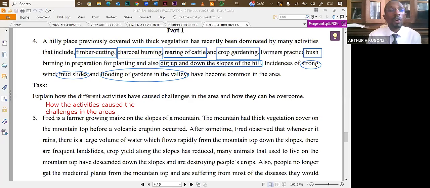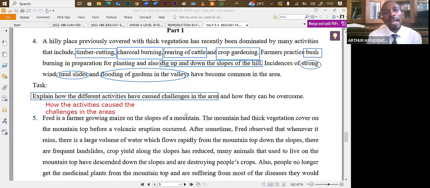So that's the approach for this first portion of the task. And what was my first portion of my task? It is this one here. How the different activities have caused the changes in the area.